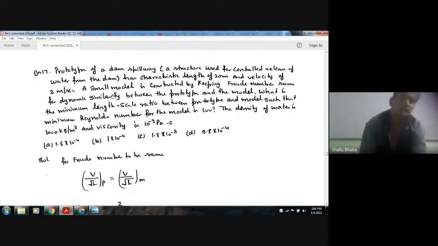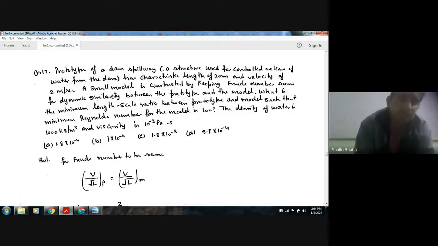Next, question number 17. The prototype of a dam spillway, a structure used for controlled release of water from the dam, has a characteristic length of 20 meters and a velocity of 2 meters per second. A small model is constructed by keeping the Froude numbers the same for dynamic similarity between prototype and model.